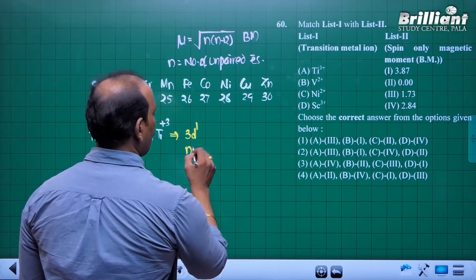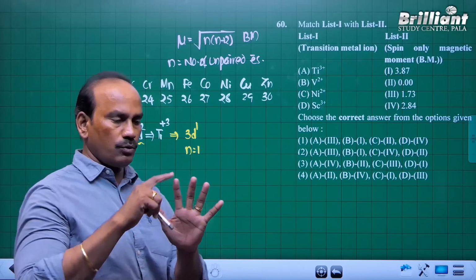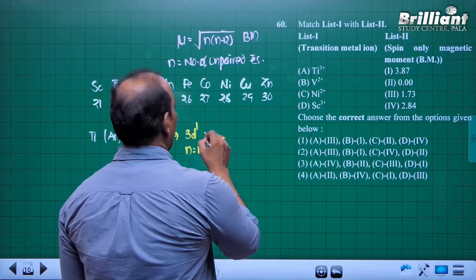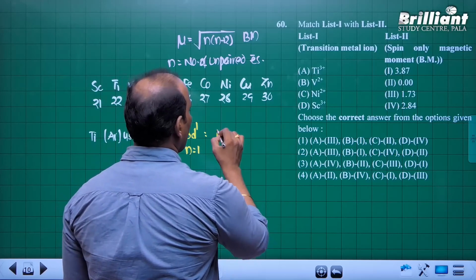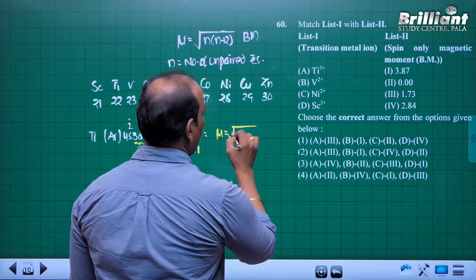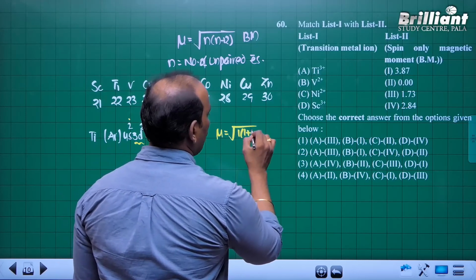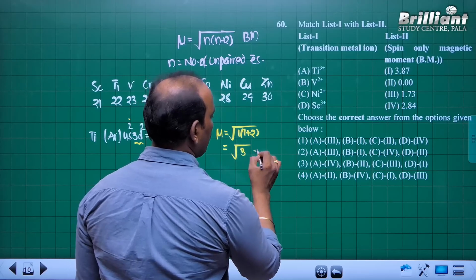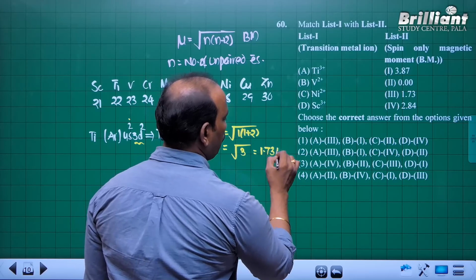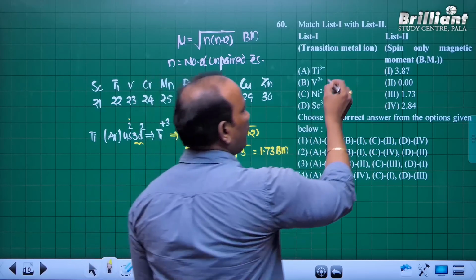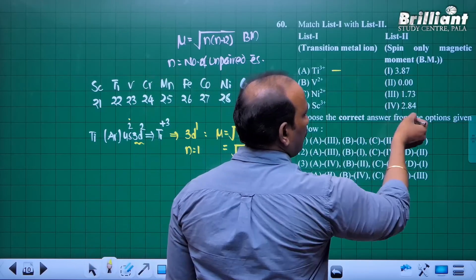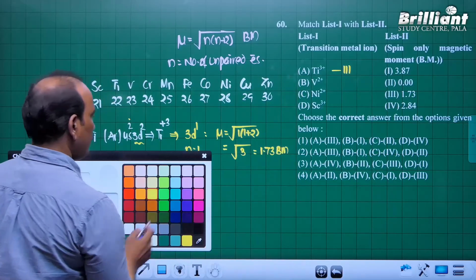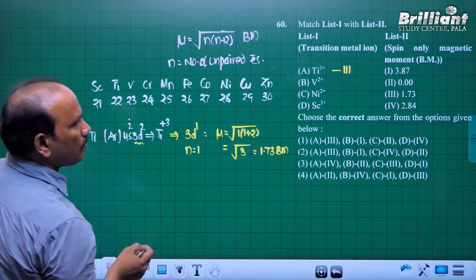That means n equals 1, only 1 electron. Therefore mu equals the square root of 1 into 1 plus 2, root 3, equal to 1.732 BM. So for this one, this is 3. Clear?